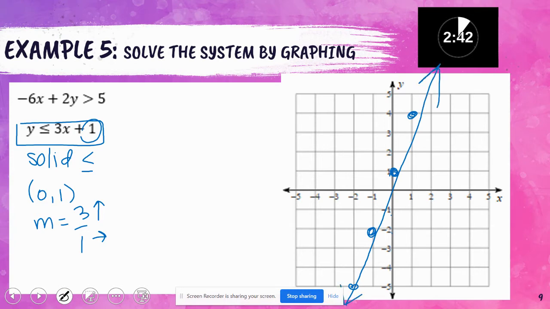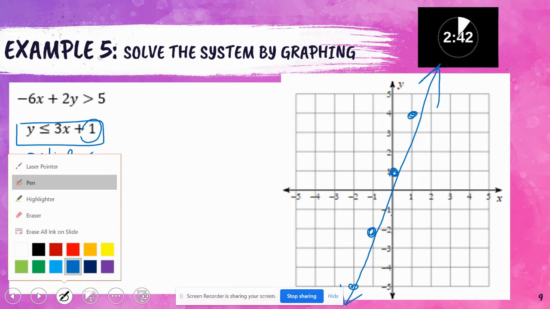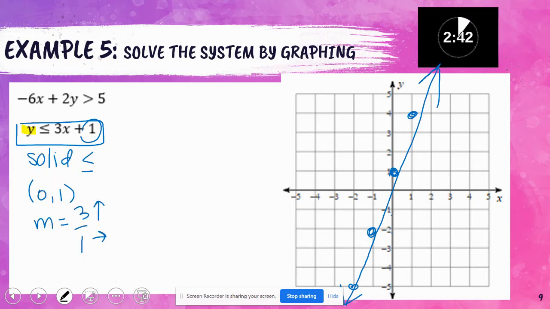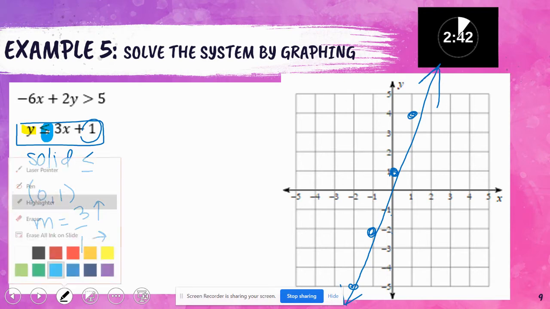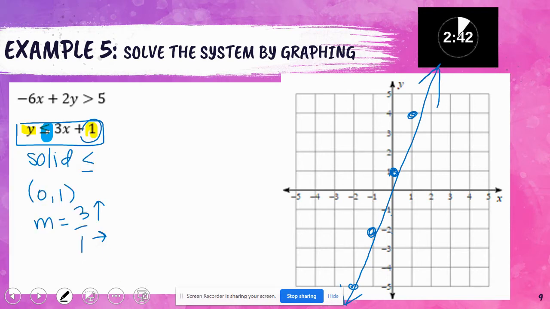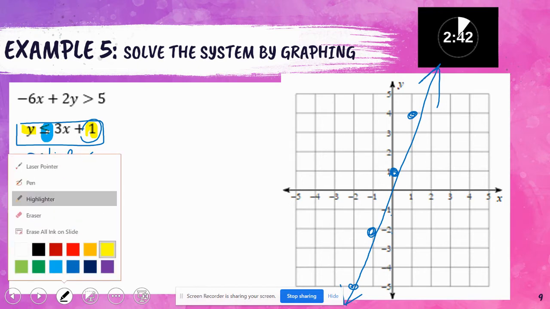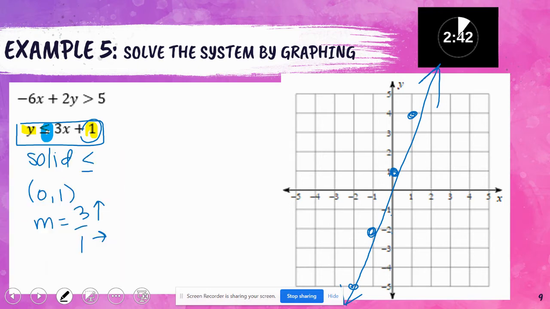And now to decide where we are going to shade. So we want to find a y value that is smaller than or equal to the y-intercept of 1. So where can we find a y value that's smaller than or equal to the y-intercept?